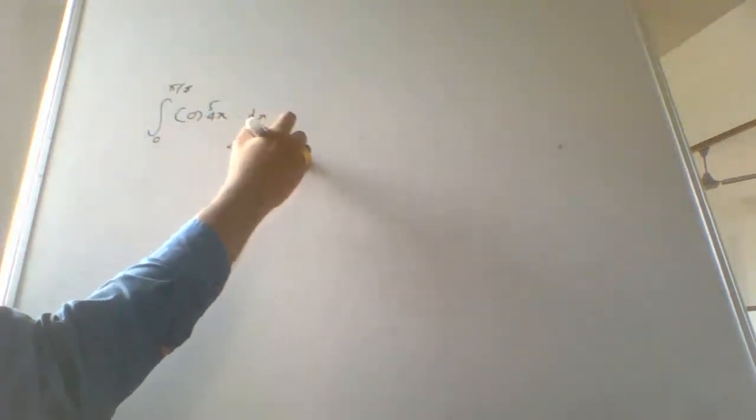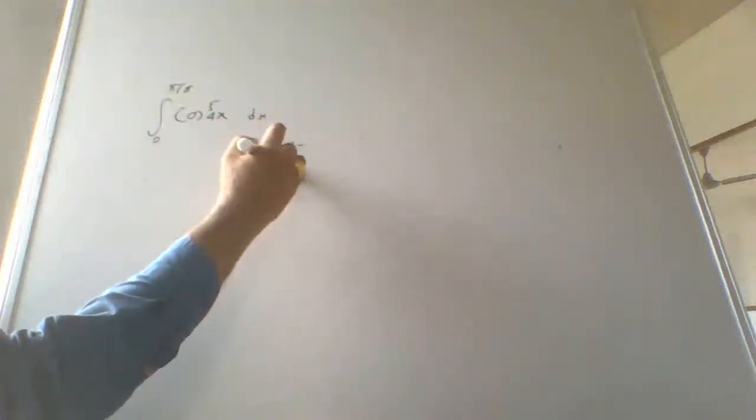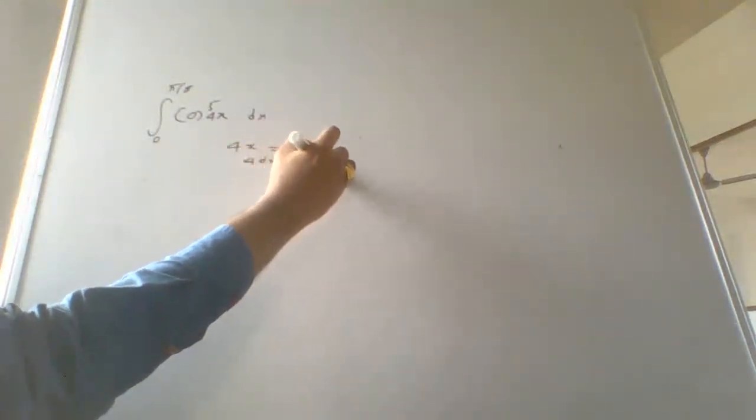Let us try to evaluate this problem. Now I can write 4x as t, so 4 dx is equal to dt, or dx is equal to dt by 4.